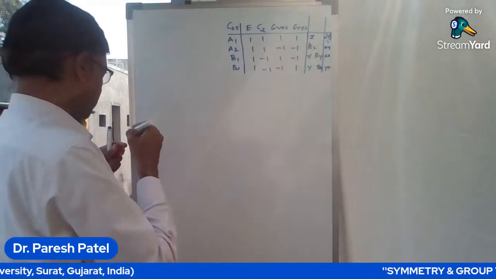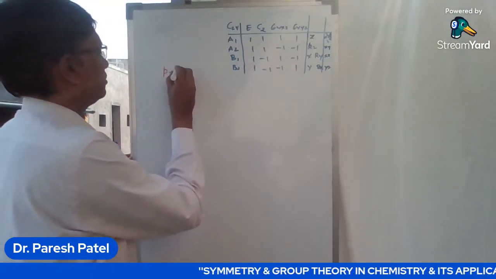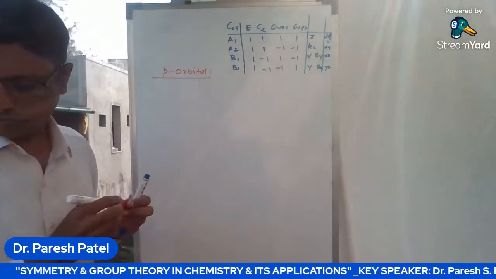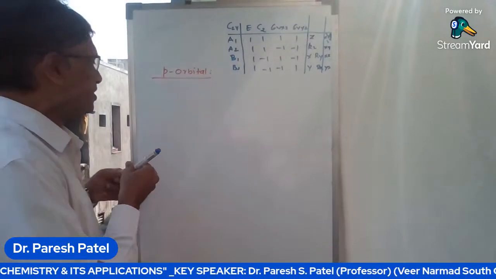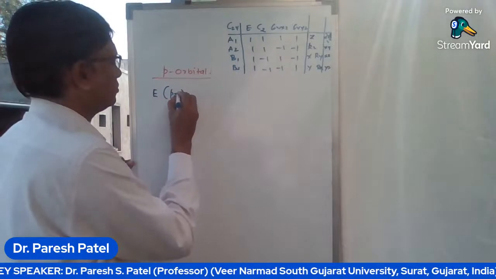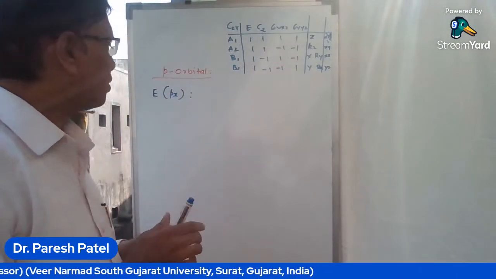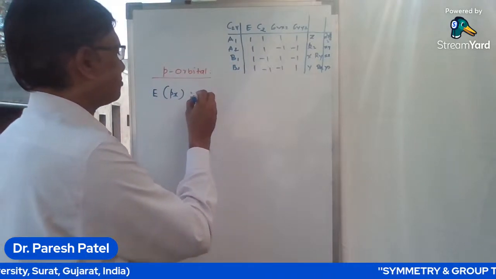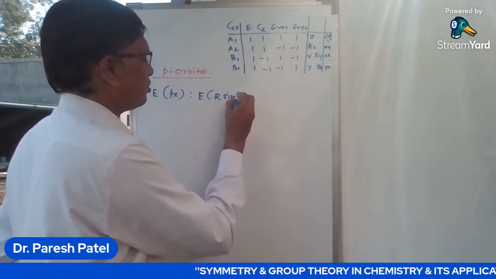Now p orbital: if we operate the identity symmetry operation on px, we know that the shape of the p orbital is dumbbell shaped, and px can be represented as r sin theta cos phi.